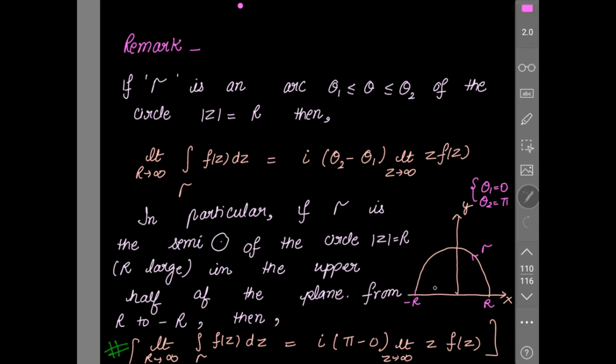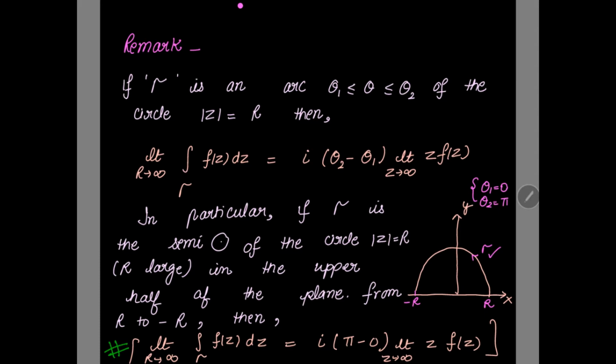It is a semicircle. So the limit as r tends to infinity of the integration over this tau of f(z) dz is equal to iota times the difference of the angles. If the first angle is 0 degrees, then theta 2 is taken to be pi because it is from r to minus r, this is 180 degrees, into the limit as z tends to infinity of z times f(z). This is the formula for calculating the integration over this tau, right? This you have to remember.